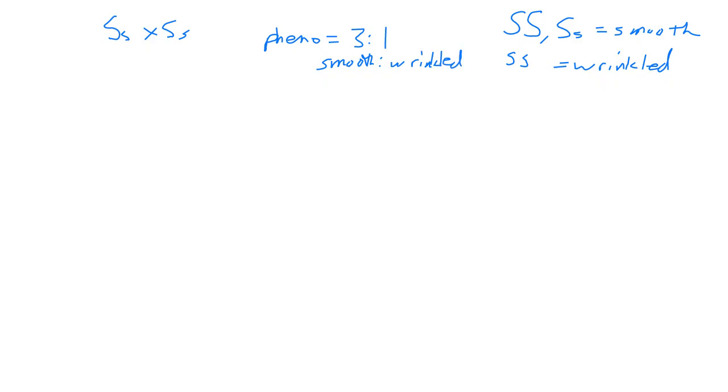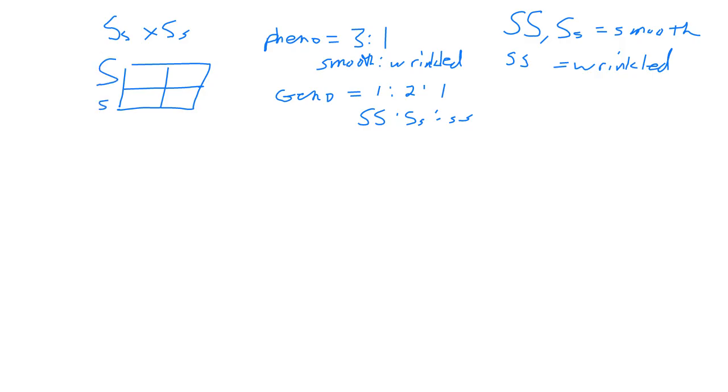So that we know. And the genotypic frequency or ratio is what? Right, because we already learned this. It's 1 to 2 to 1. Right, because we know, right, so those are the genotypes of the gametes produced.